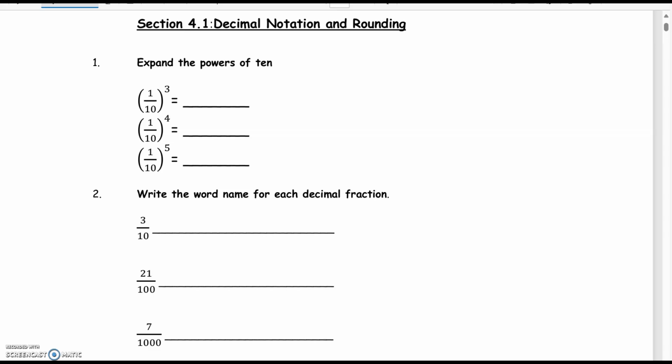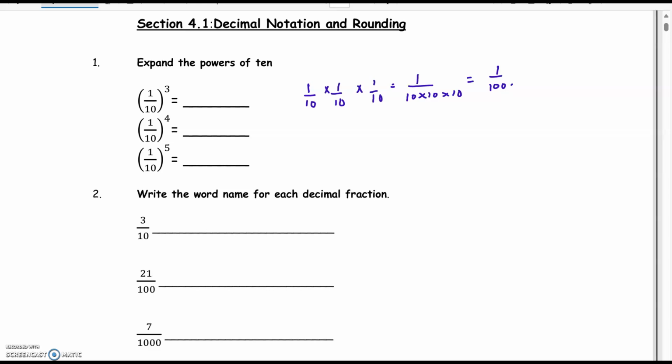Now, 1 over 10, the whole cubed, is 1 over 10 times 1 over 10 times 1 over 10. And that is 1 over 10 times 10 times 10, which is 1 over 1000.